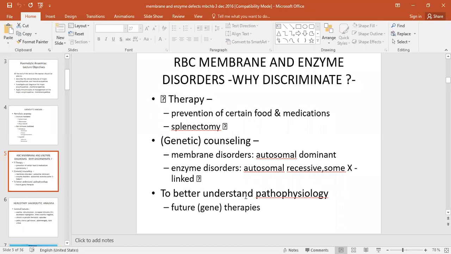If the disease can be passed on either autosomally or sexually, through the sex chromosomes, you also want to make sure you give appropriate information so that couples can avoid scenarios that can lead to bad outcomes with these disorders. We also know that some enzyme disorders are associated with the X chromosome.